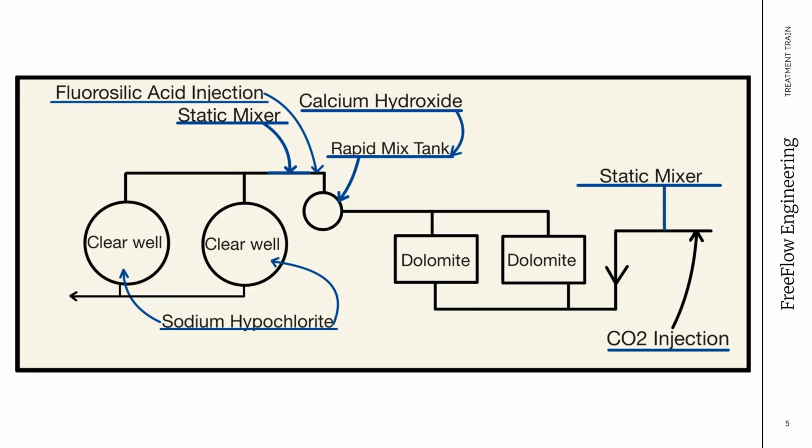What this treatment train achieves is 5 log removal, fluoride concentration of 0.9 milligrams per liter, hardness of 277 milligrams per liter as calcium carbonate, alkalinity of 148 milligrams per liter as calcium carbonate, a stabilized pH of 7.71, and an LSI value of 0.08. Our design ensures that the finished water reaches a stable, non-corrosive condition while maintaining compliance with primary and secondary regulation standards and the client's required potable water conditions.